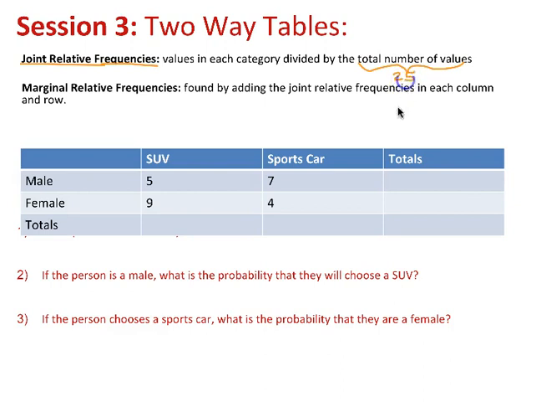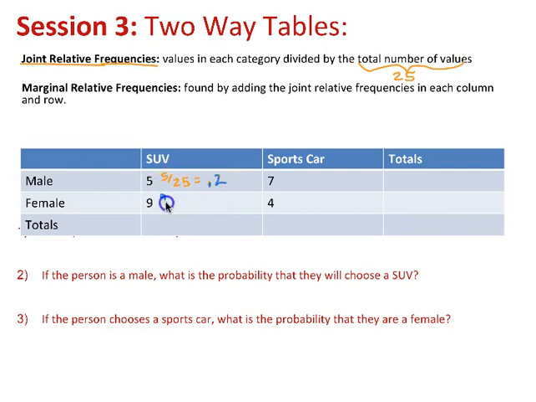The survey was asked of 25 people. So if we take 5 and divide it by 25, what do we get? We want to write joint relative frequencies as a decimal. So 5 divided by 25, we get 0.2. So there's one of our first joint relative frequencies, going to be 0.2. That might be a little hard to see in orange. Let's change to blue. So it'd be 0.2.